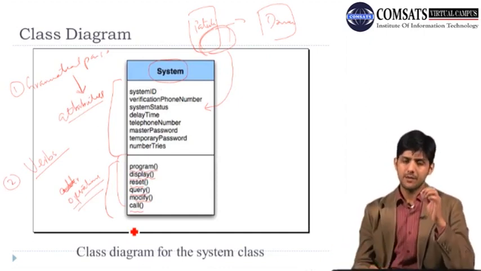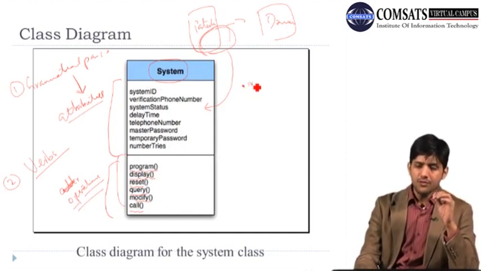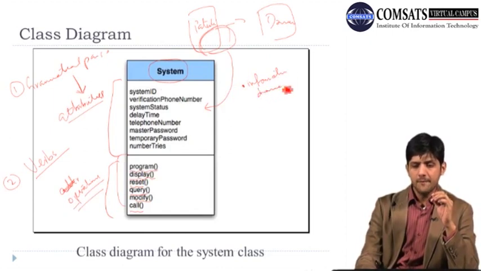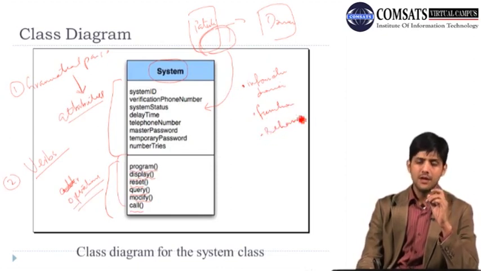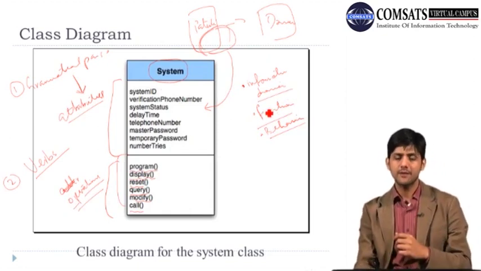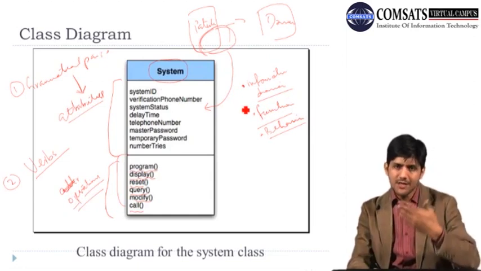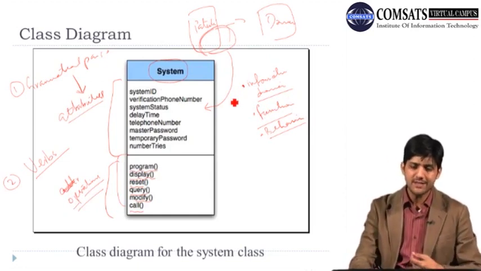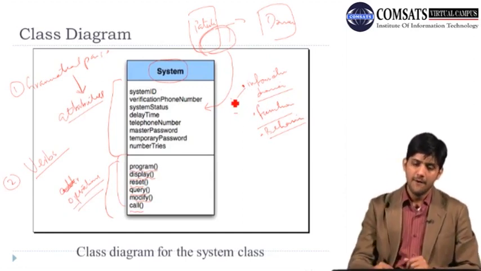So remember that there are three goals why we want to do this analysis. We want to gain understanding about the information domain, we want to know more functionality of the product, and we want to understand the behavior of the system. So if we just want to tick what this class-based modeling is helping us in, it is helping us understand the information domain, because we are identifying information domain classes through it.